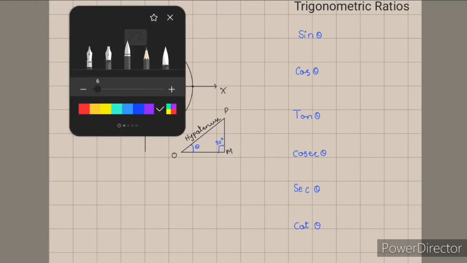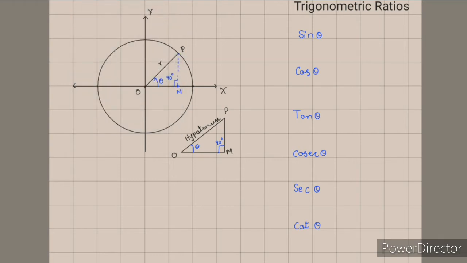Similarly, what is the side opposite to theta? This is PM, which is called the opposite side. Now the other side, which is adjacent to theta, which is OM, is called the adjacent side.